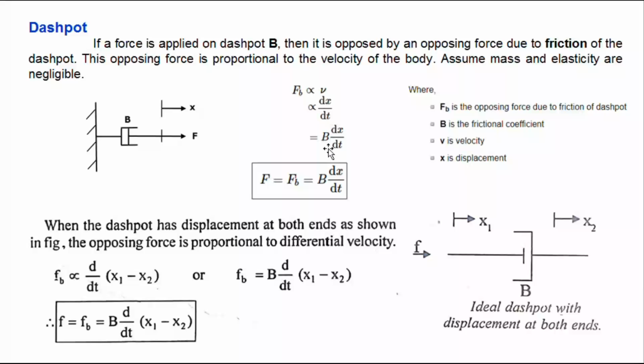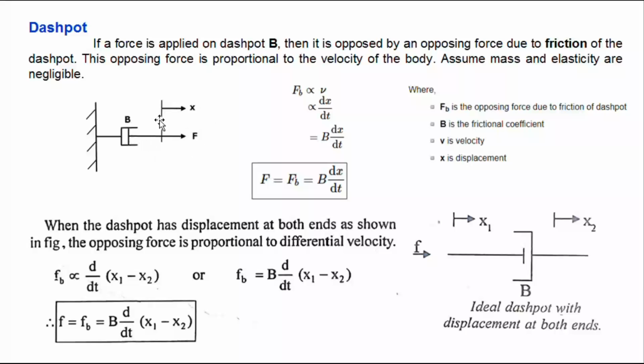Here add a proportionality constant, the frictional coefficient b into dx divided by dt. According to Newton's second law, applied force is equal to opposite force, that is equal to b into dx divided by dt. Generally, the dashpot is indicated like this. The frictional coefficient is marked near it, the applied force is F, and the displacement is x.